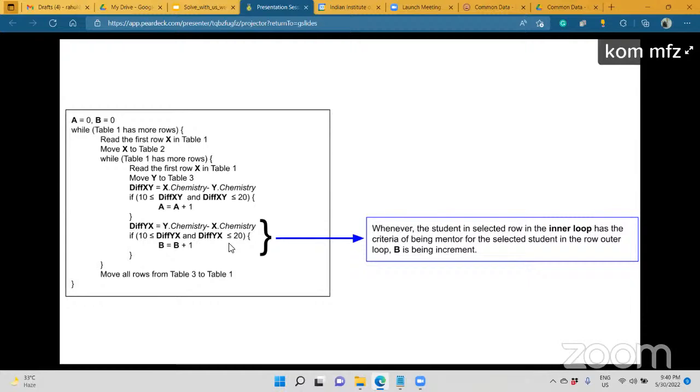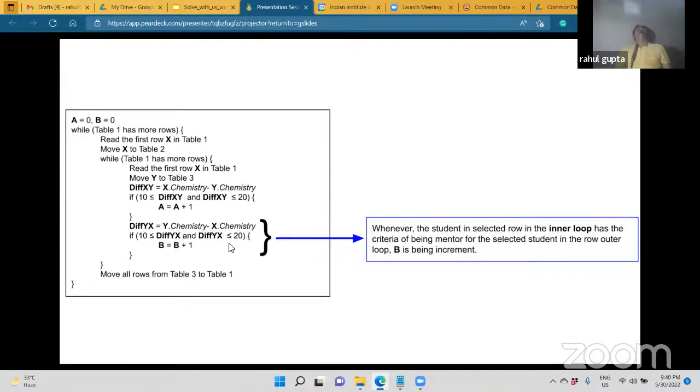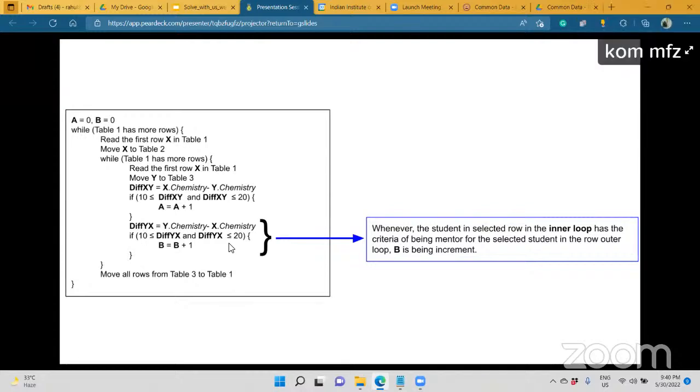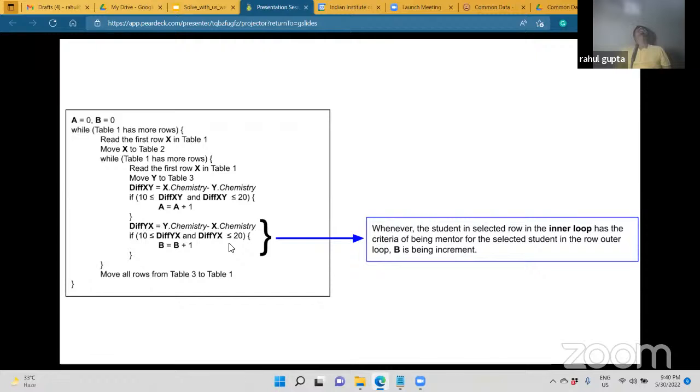Is that right? I think so, because diff XY and diff YX are distinct, so no common elements will be there. Yes, that's fine.